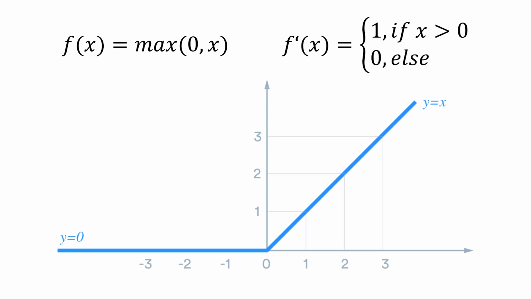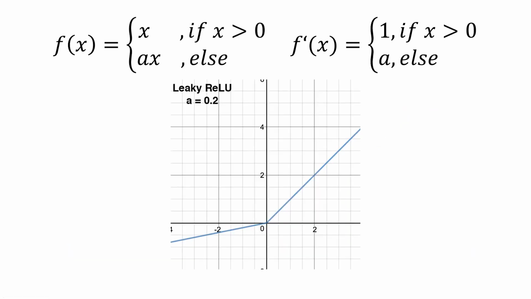Therefore, there's an idea to not have a derivative of 0, but to have a derivative that is a little bit bigger than 0, and it's called the Leaky ReLU. In here we have a parameter, and it's exactly the same when we go above 0, but below 0 it's simply a times x instead of 0.